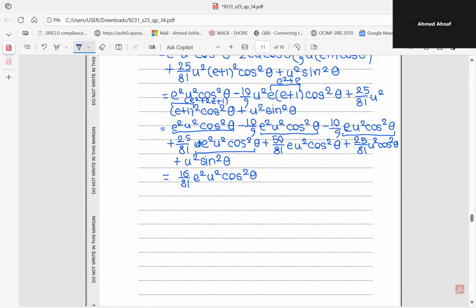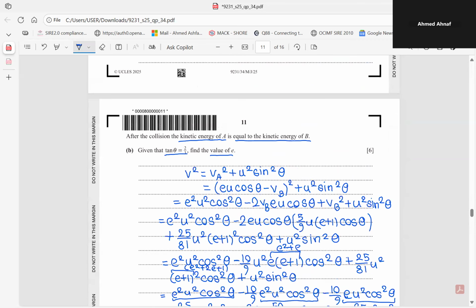Then the e u terms: 50 over 81 minus 10 over 9, you would get minus 40 over 81 e u squared cosine squared theta, plus 25 over 81 u squared cosine squared theta, plus u squared sine squared theta.